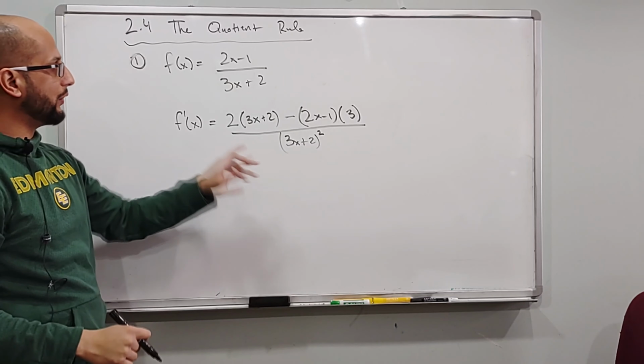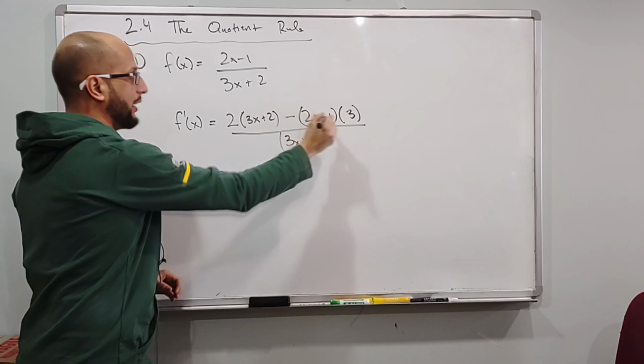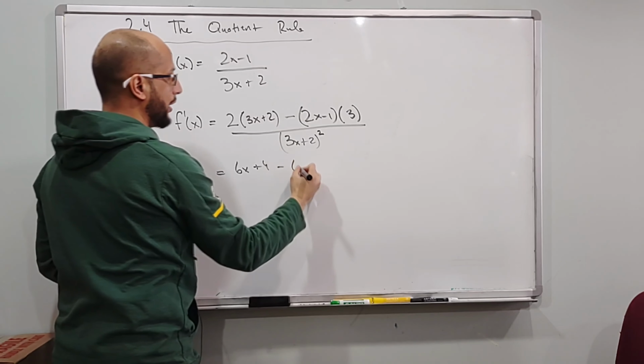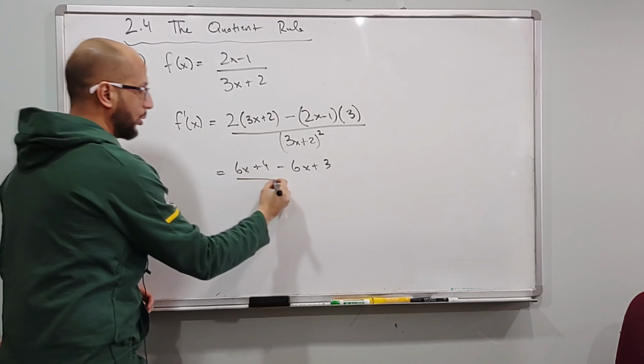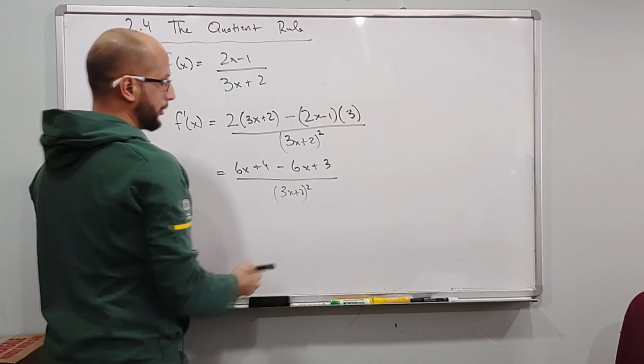Now, to continue to simplify this, we're going to expand and simplify. So this is 6x plus 4 minus 6x plus 3 over 3x plus 2 squared.